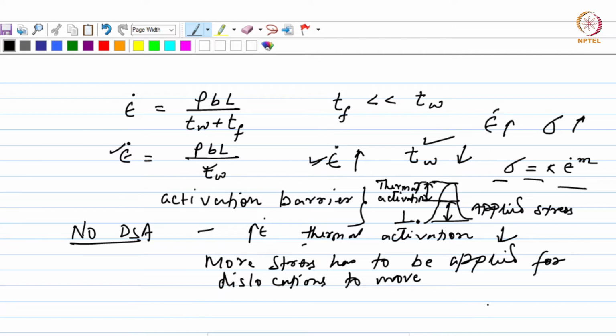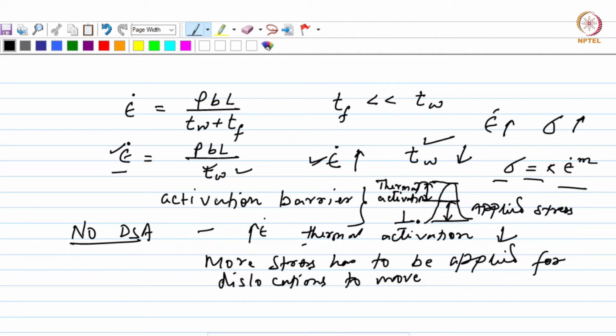Under these conditions, as you increase the strain rate, the waiting time for the dislocations will decrease, as you could see from the equation we just derived between the strain rate and the time of movement for the dislocations.